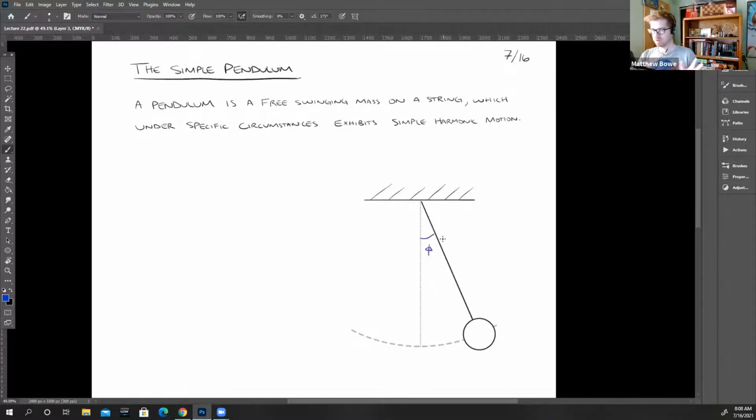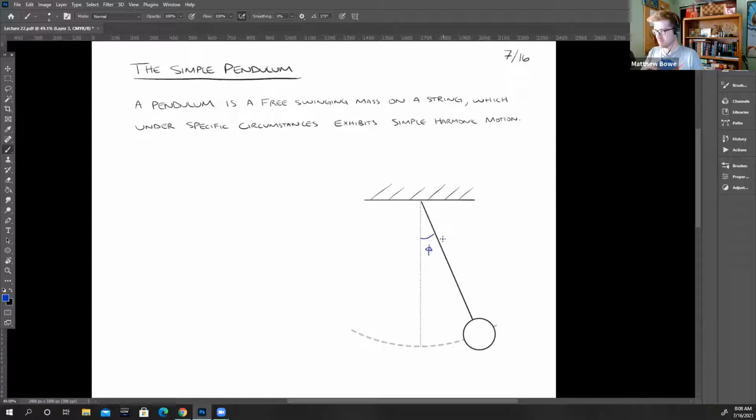And for a good while, it depends on how perfect your pendulum is. I use the word perfect as like there's no rubbing where you're holding the string, and the rod itself or the string is close to, if not, massless. You don't want that additional mass to be interfering.